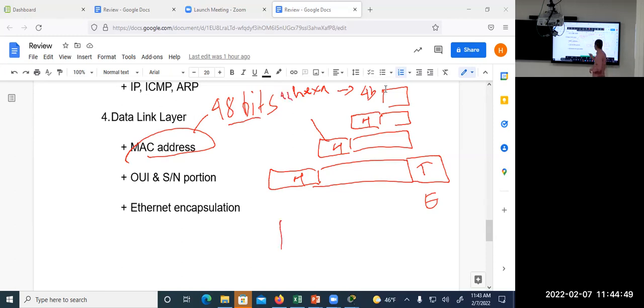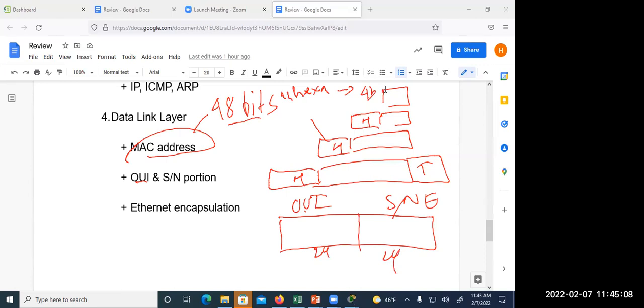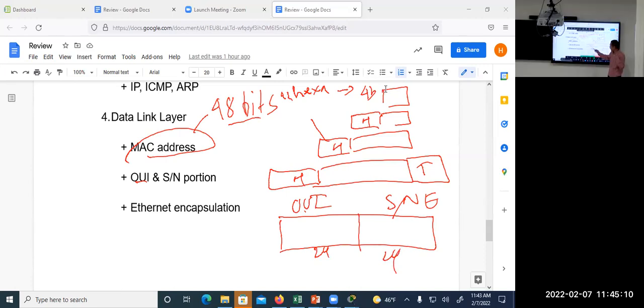The 48 bits break down into two portions. The first one is the OUI, and the second one is the serial number. You have 24 bits for each. OUI stands for organizationally unique identifier, or you can think of it as the manufacturer or vendor: it can be Cisco, Dell, HP, or whatever.